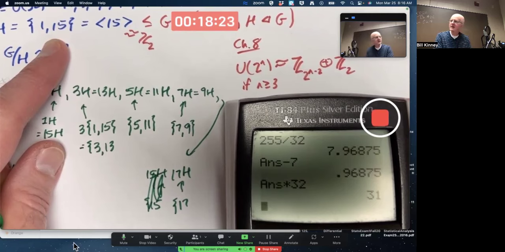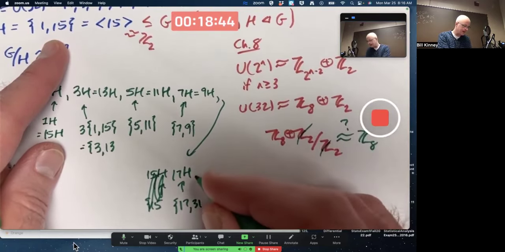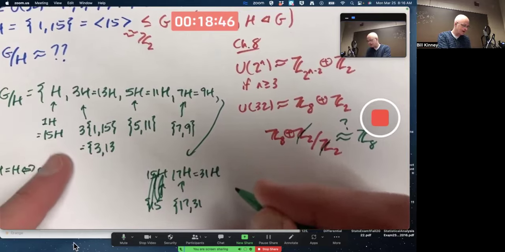It looks like it's 31. Doing a modular arithmetic calculation in steps there. I'm trying to figure out 255 mod 32. So I divide by 32. The quotient is 7. There's some remainder. I have to figure out that remainder by taking the decimal part and multiplying by 32. So this is 31. And this also equals 31H.